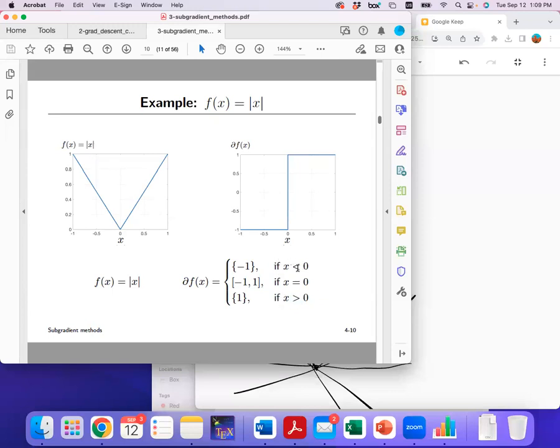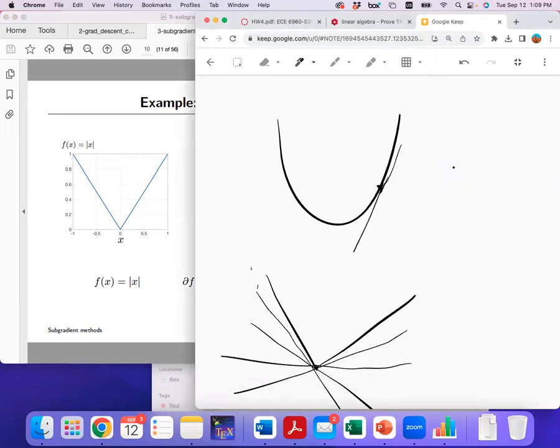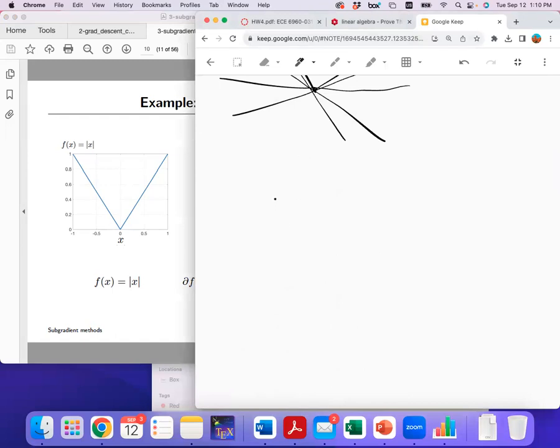If x is less than 0, the function is differentiable there, so the subdifferential is simply the derivative, which is -1. If x is bigger than 0, the function is going up, so the subdifferential is the derivative, which is +1. Now, what happens at the origin? Well, you just need to find out all the possible supporting lines, right?